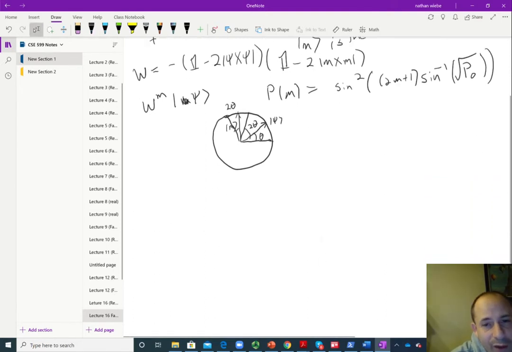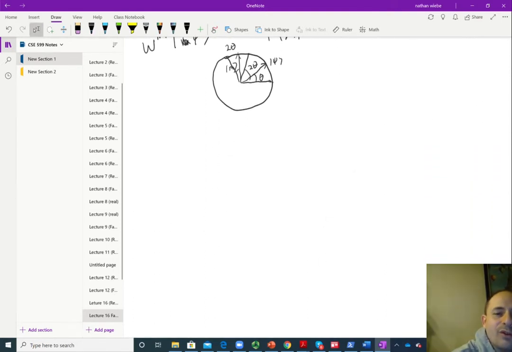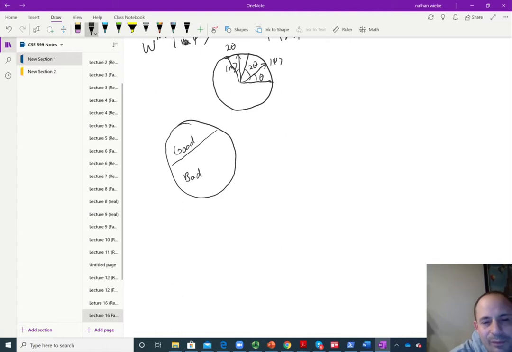We're going to generalize this now to a more general case, and this more general case works as follows. Imagine our vector space is split into two categories. We have one space of inputs that we'll call good, and the other half we'll call bad. Our initial state, psi, is always going to have some sort of support on both of these vector spaces.